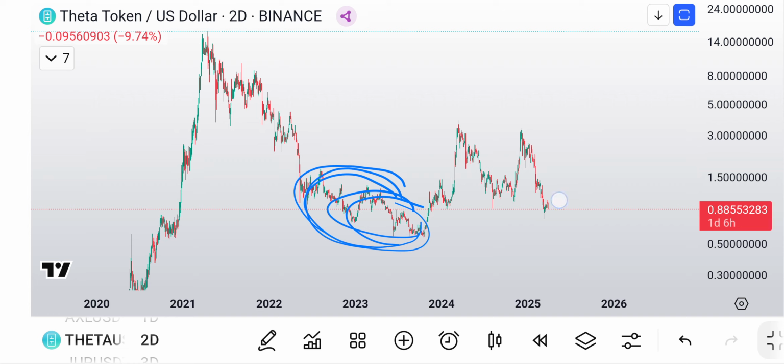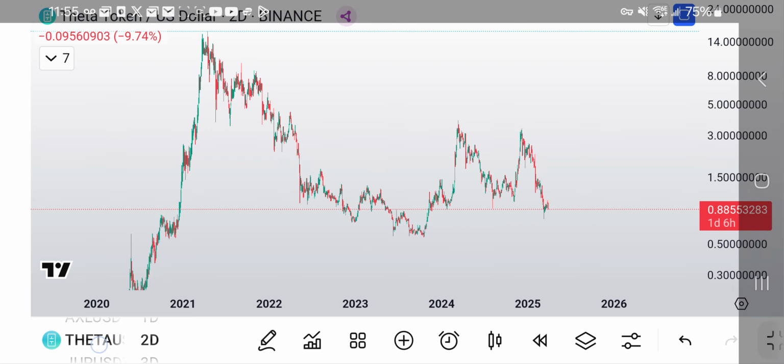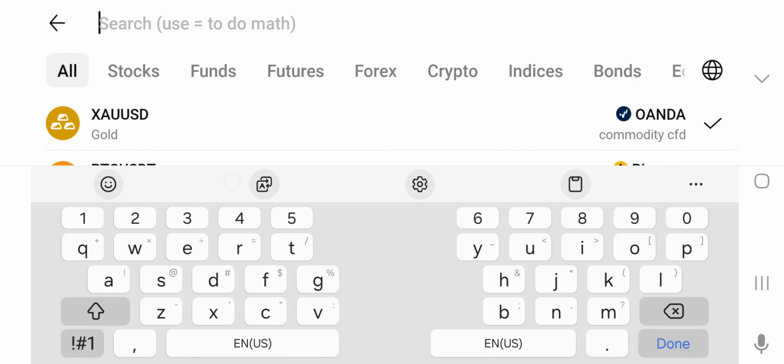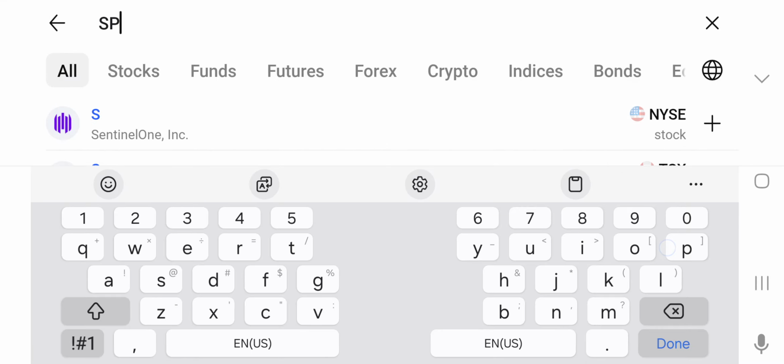What's the terrible news? Tariffs. That's the narrative. So what do you think's going to happen? Right? So obviously it has to do with the stock market too. If the stock market is going to continue dumping, then we could see something like that as well. Let's take a look here. SPX.